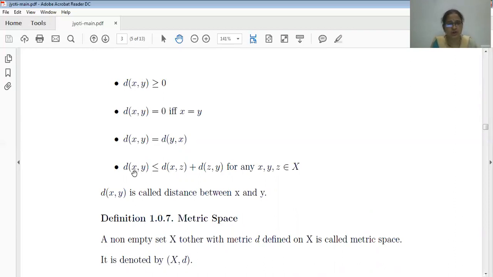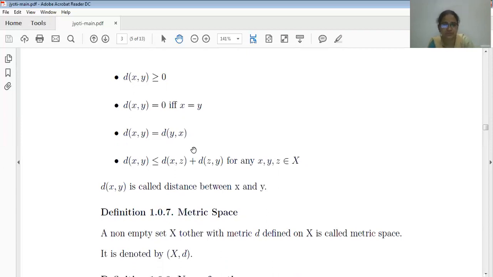And the fourth condition is called the triangular inequality. Distance between x and y is less than or equal to, if I take z to be a third point other than x and y, then this inequality is satisfied: distance between x and y is less than or equal to distance between x and z plus distance between z and y. Therefore, if any function d satisfies these 4 conditions, it is called a metric function, that is a distance function.